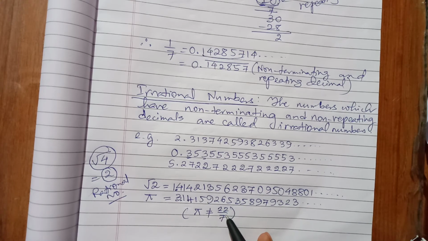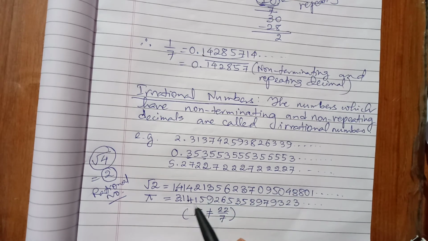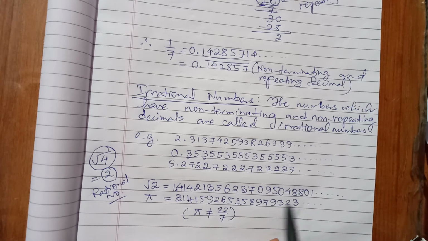If you check the decimal value of pi, this is the decimal value of pi. So see dots are there, that means it is non-terminating. And also you see the decimal part, no single digit, or you cannot find any block of digits which is repeating. So this decimal is an example of non-terminating and non-repeating decimal.